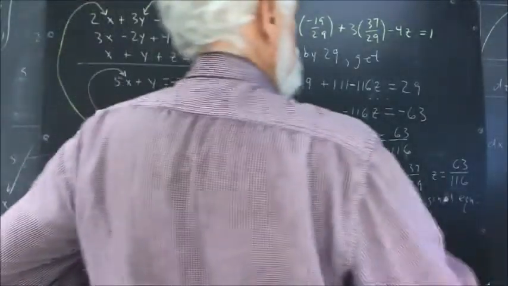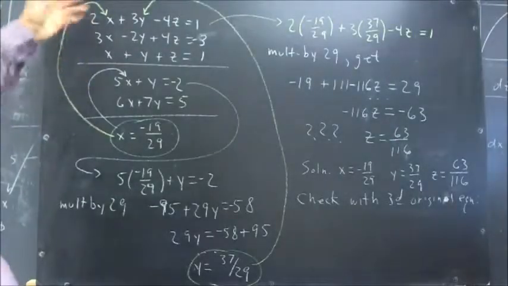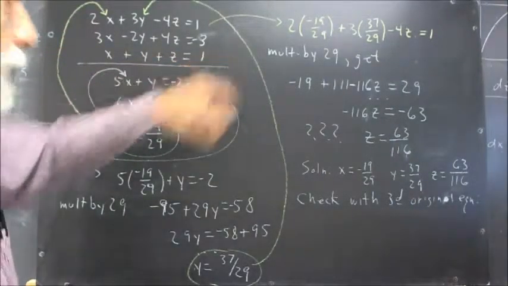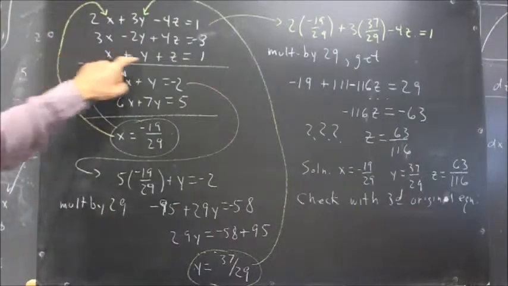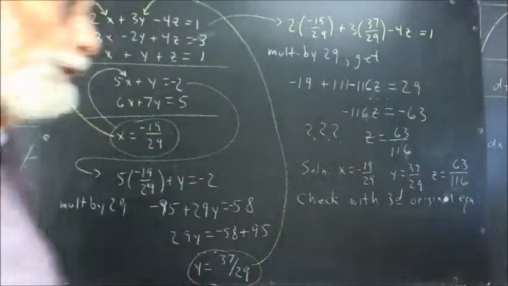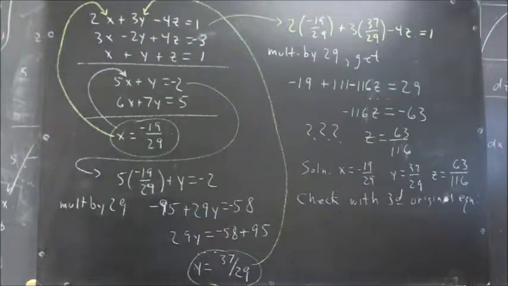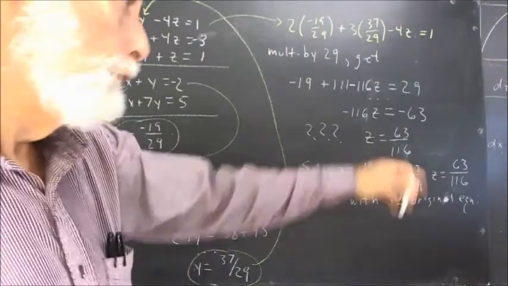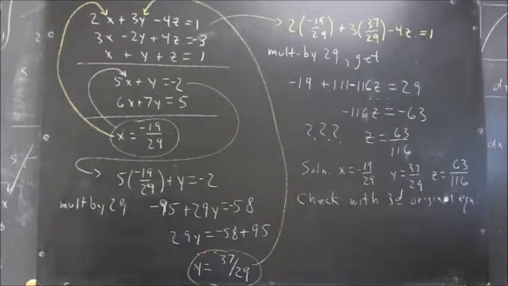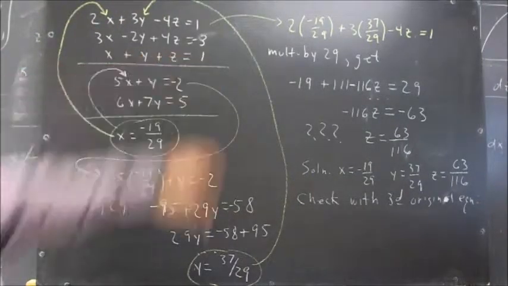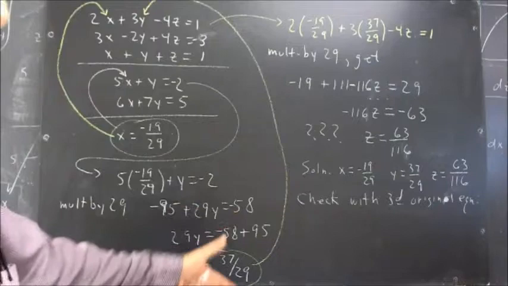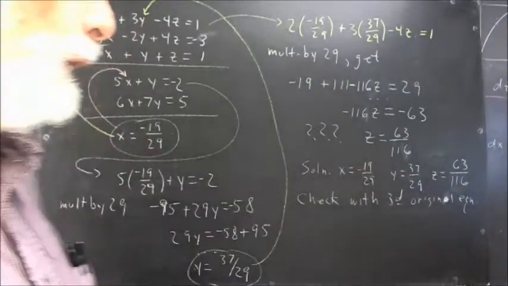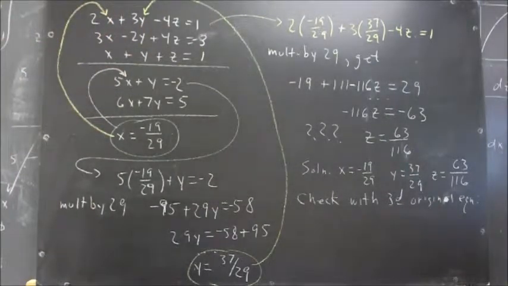Okay, check with the third original equation. Now, okay, what we want to do is we want to put this solution into any one of the equations, but I picked the third because it's probably the easiest, and we want to add that up and see if it checks out. So you should take my solution, and if you got something different, you should take your solution and plug into this equation and see which one is right if you disagree with the solution that I just got.